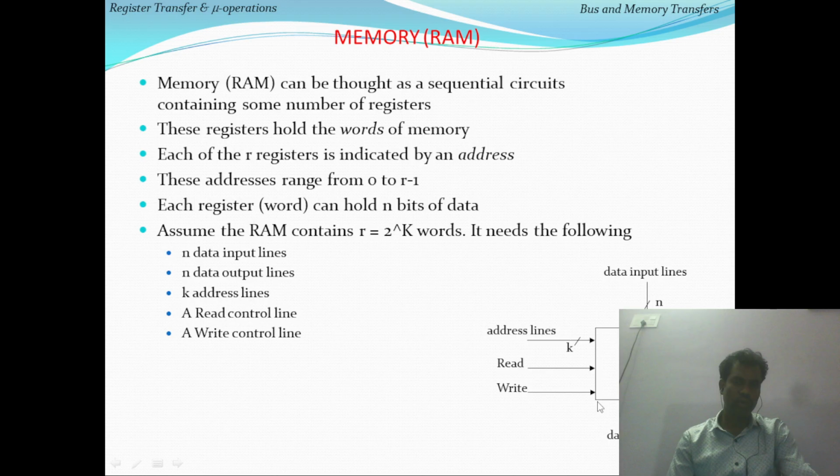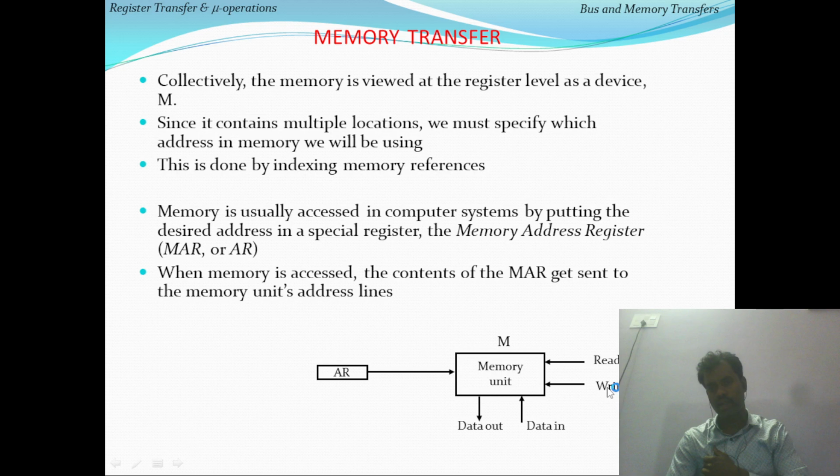At a time any one input is enabled, either read or write. If read is enabled, then data in will be enabled. This direction will be controlled by using this read. When it is controlled, the AR data will be placed onto the bus.